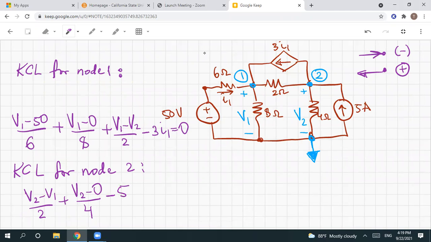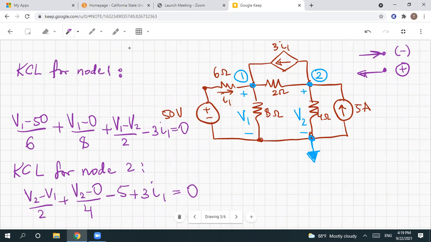And what will be the current which is leaving node 2 by this branch? I see in the chat box a plus 3I1. Exactly, thank you. Plus 3I1, and this will be equal to 0.